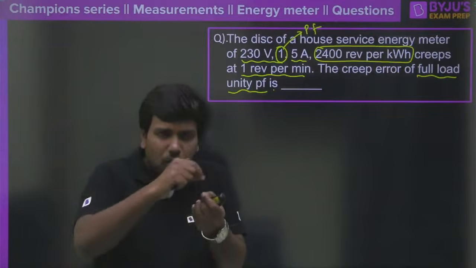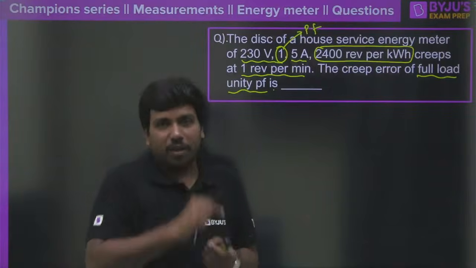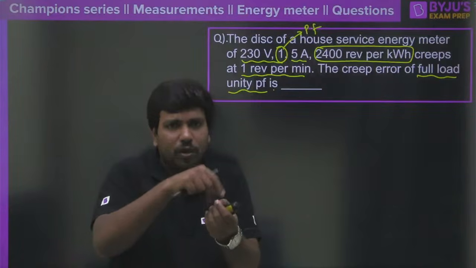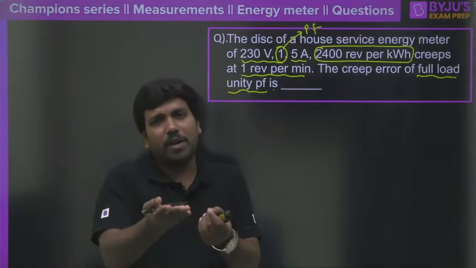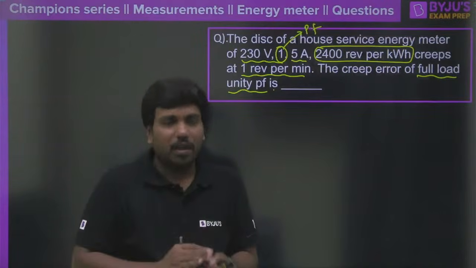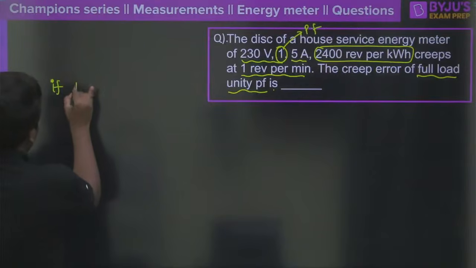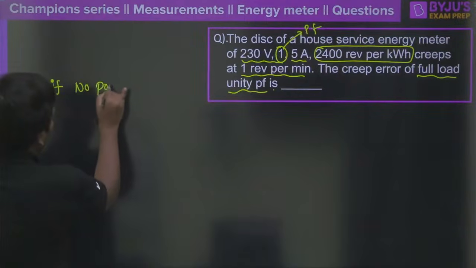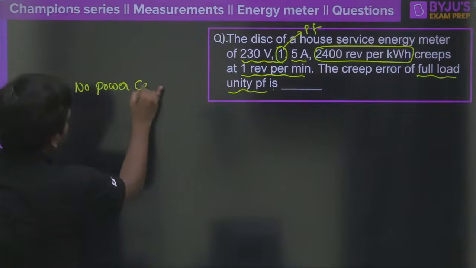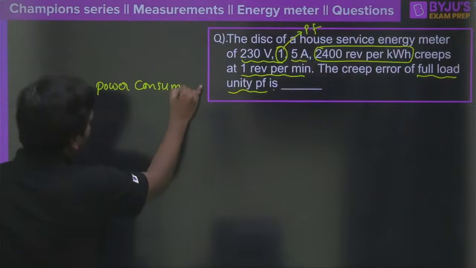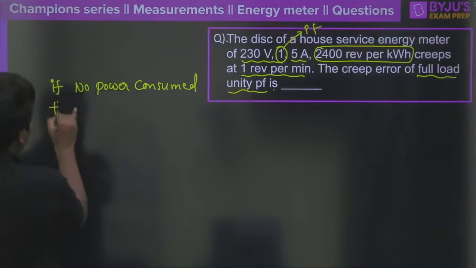That slow rotation is called creeping. That is error only. Actually, when there is no power consumed, then what should happen?